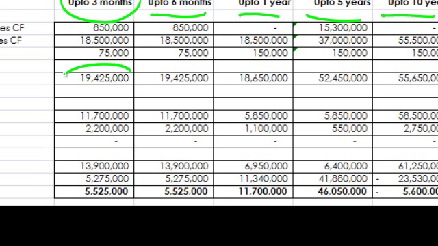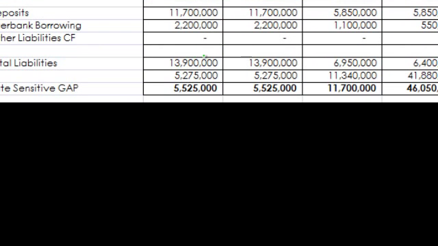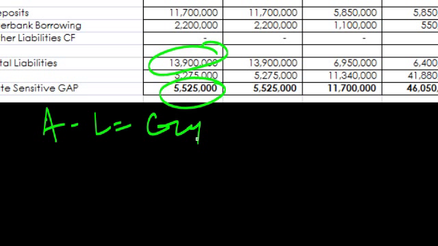You've calculated total assets, but these assets have been calculated on the basis of rate resets, and you've calculated total liabilities, and you've calculated gap. Okay, so the difference between assets and liabilities, both in terms of contractual maturities as well as in terms of rate resets, is called gap.